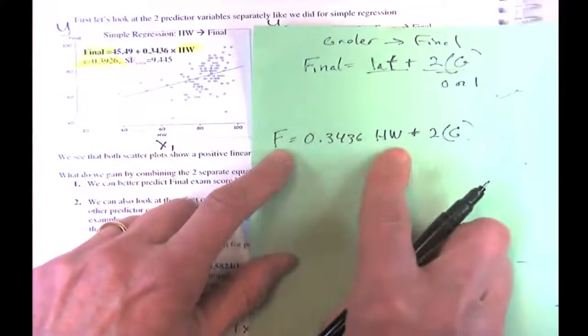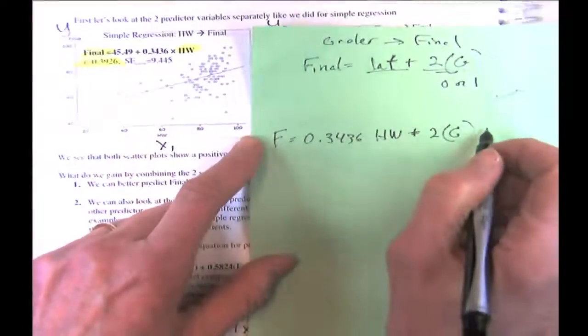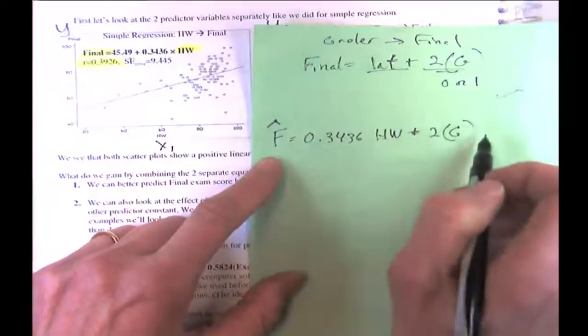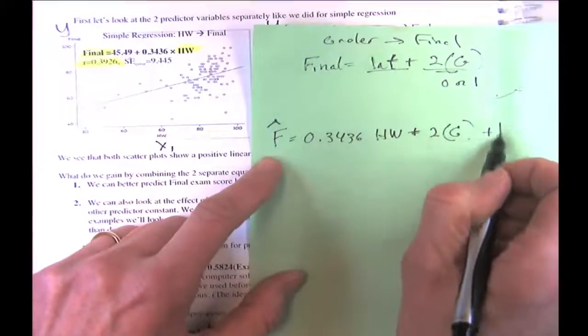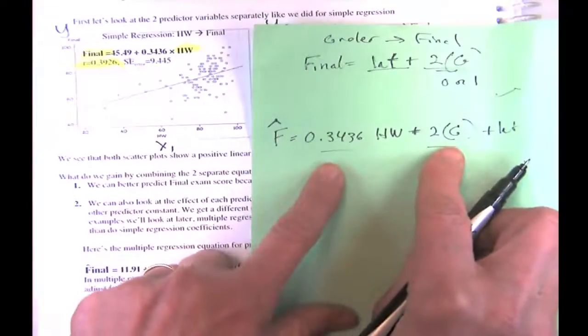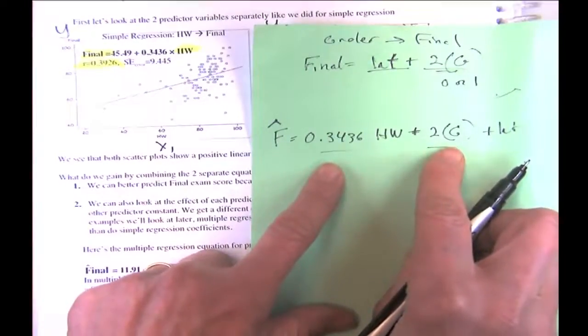So you'd either get this score or this score plus 2, this is the predicted final. Of course, there's a lot of error. Predicted final plus some intercept. And they wouldn't have to change. They're completely uncorrelated. They have nothing to do with each other.